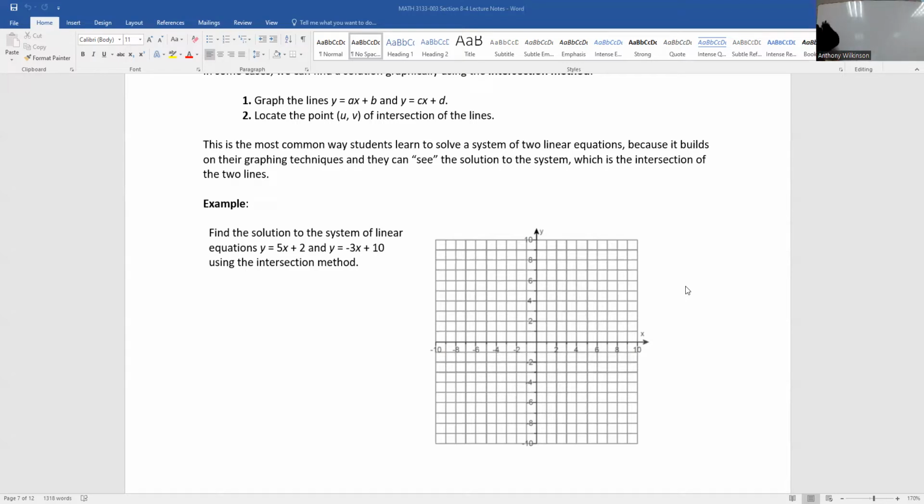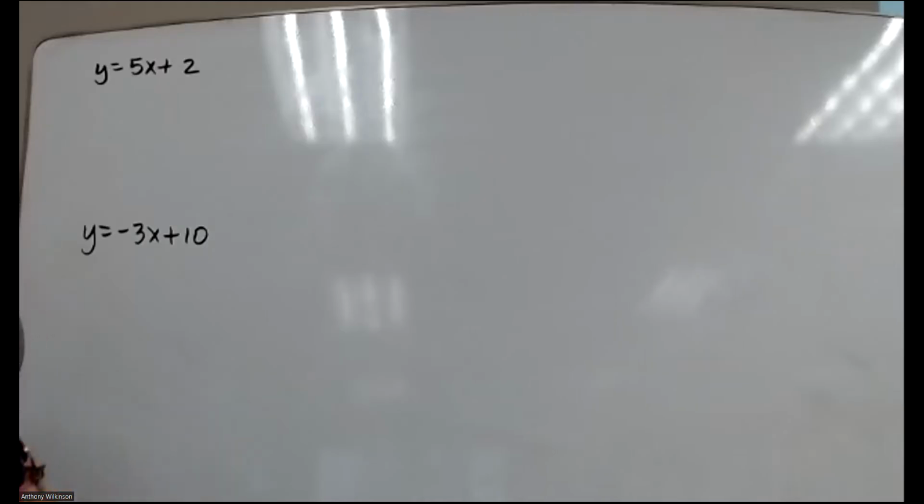So in this case, I got y equals 5x plus 2. And I'm going to say y equals negative 3x plus 10. So here we're going to graph those on the coordinate plane.